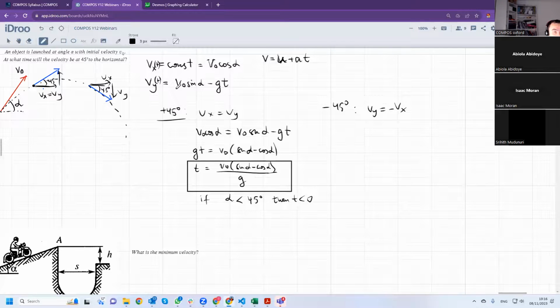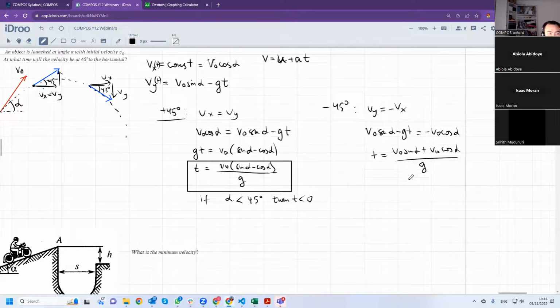And you can say, okay, so that is Vy, which is V0 sine alpha minus GT equal to minus V0 cos alpha. So GT is equal to V0 sine alpha plus V0 cos alpha divided by G.